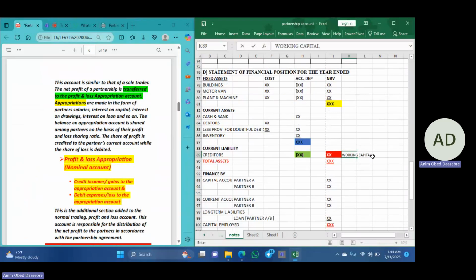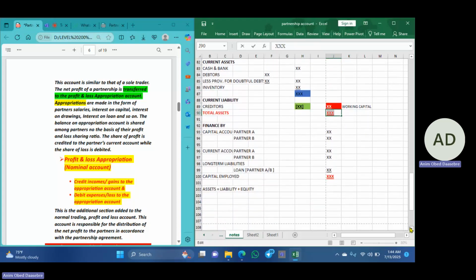So this one is what we call the working capital. You add the working capital to the fixed assets or the non-current assets, then you get this figure, which we call the total assets.